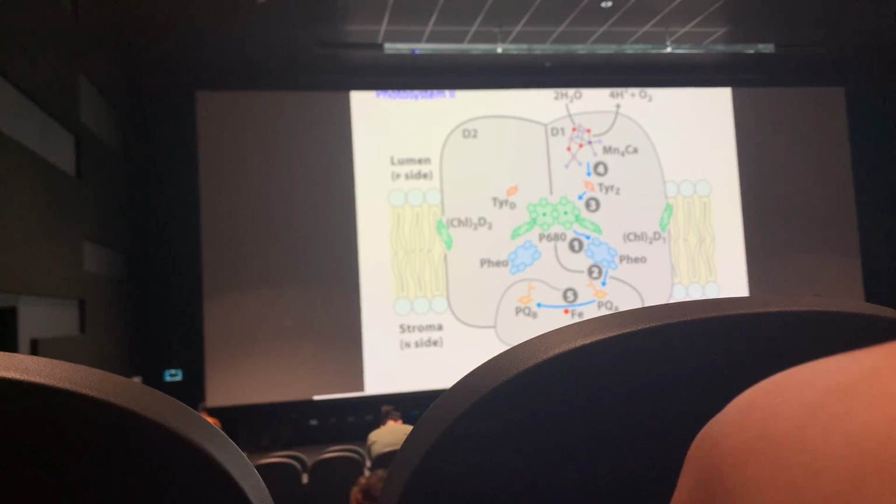It's a residue that is part of the circuit by which the electrons are fed back one at a time to P680. Remember, when P680 receives energy from the environment, from supporting molecules that are grabbing photons of light, those excitons are being sent to this dimer, chlorophyll dimer.